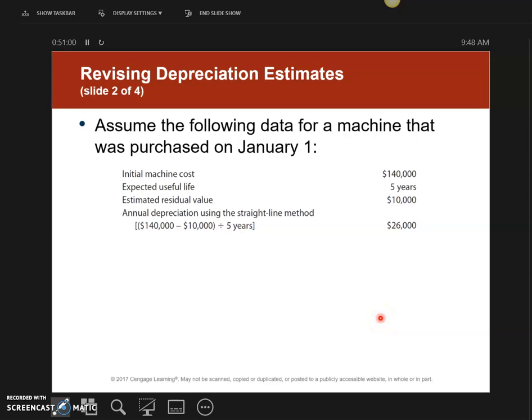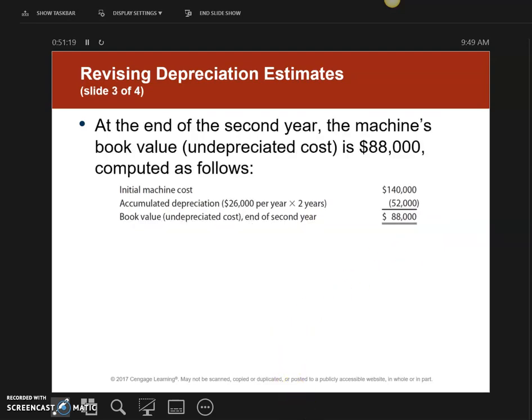It had a 5-year life and a residual value of $10,000. If I calculate my straight line method, and by the way, revising is only used for the straight line method, I would have $26,000 a year for depreciation. So each year I would depreciate $26,000.